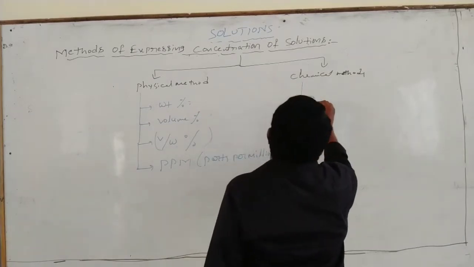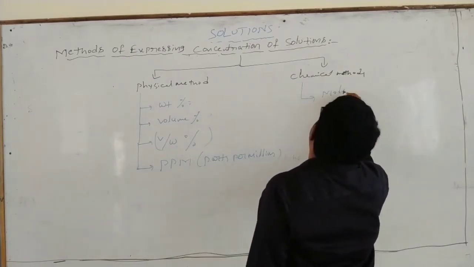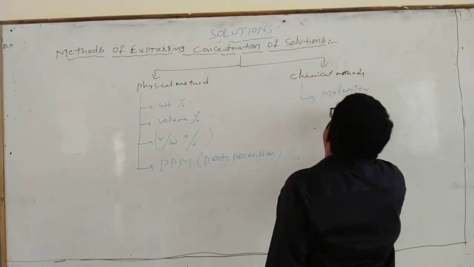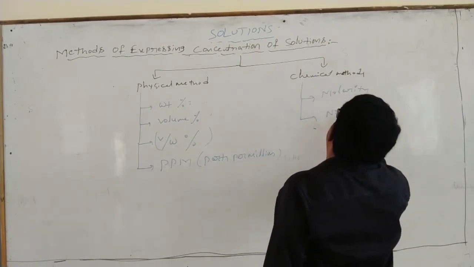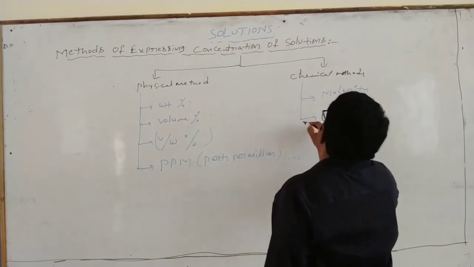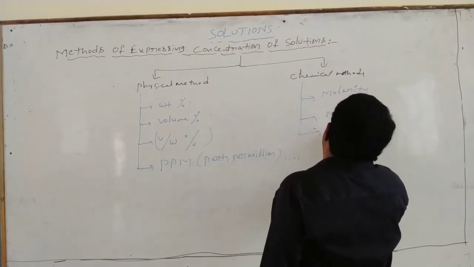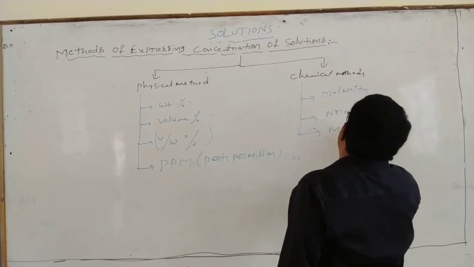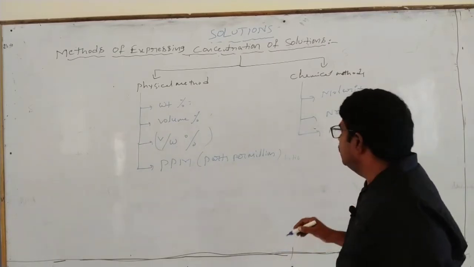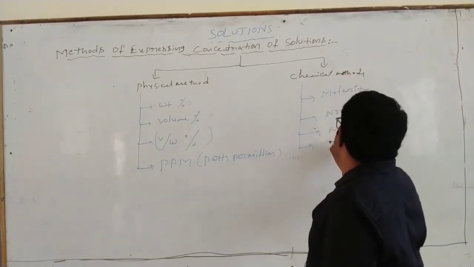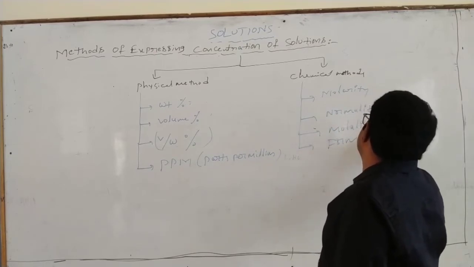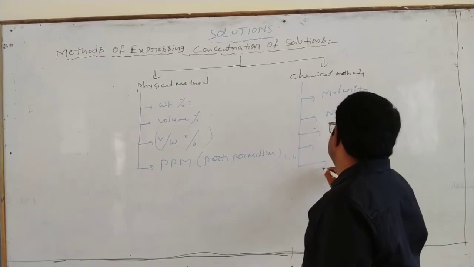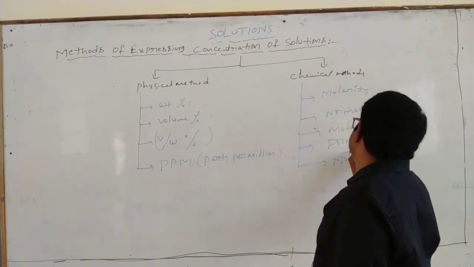First one is molarity. Second one is normality, and third one is molality. Fourth one is formality, and fifth one is mole fraction.